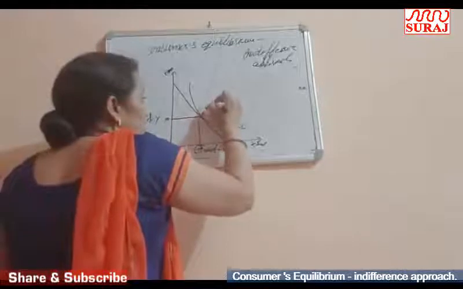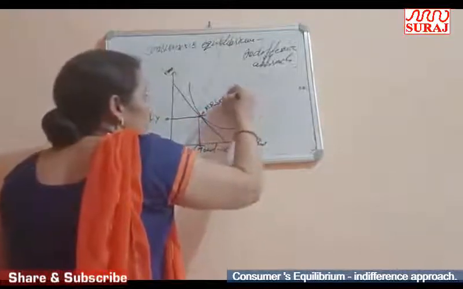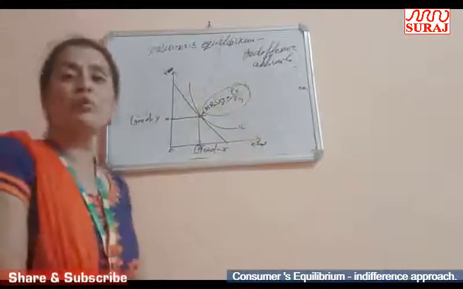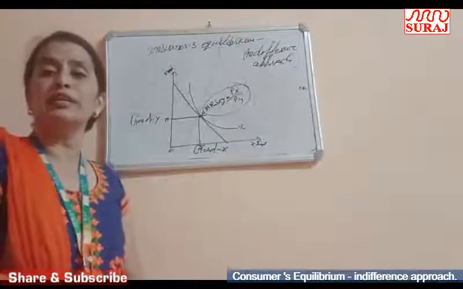At this point, MRS XY is equal to Px upon Py, and the slope of IC and the slope of the budget line are equal to each other.